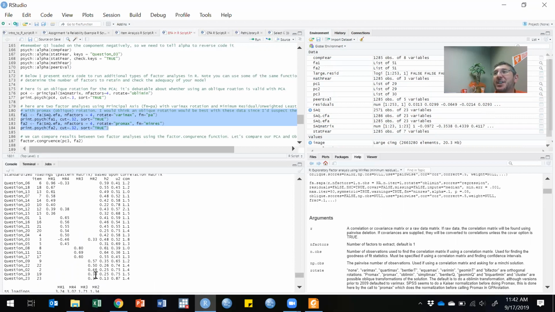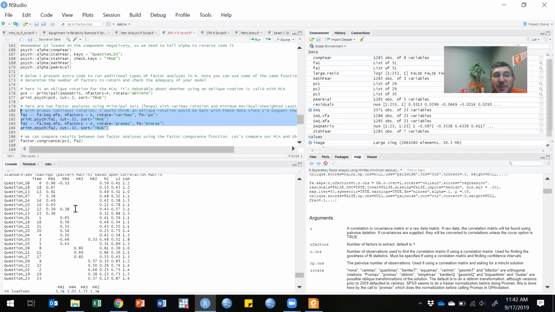There's a lot of debate about whether you should run a principal component analysis or a factor analysis. Principal component analysis really isn't a factor analysis. A lot of the time, you come to the same conclusions no matter which one you run. If we look at both of these factor analyses, we're basically coming to the same conclusions we came to with the principal component analysis. All the items load on all the same scales.